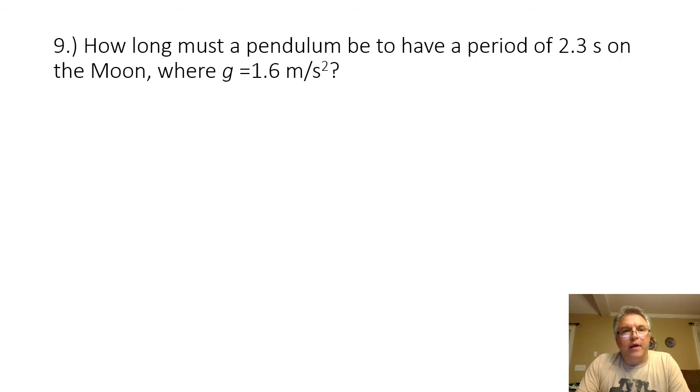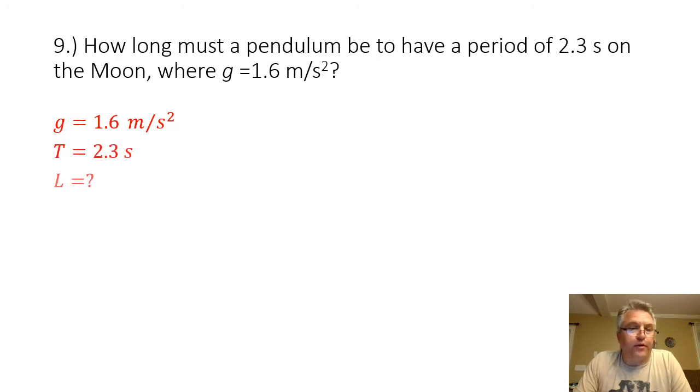Problem 9. How long must a pendulum be to have a period of 2.3 seconds on the moon, where my gravitational acceleration is 1.6 meters per second squared? So in this problem, we are given the gravitational acceleration of the moon, 1.6 meters per second squared. We are given the period, 2.3 seconds, and we are being asked to find the length of the pendulum. So we are going to solve this one for length, starting with our pendulum formula.